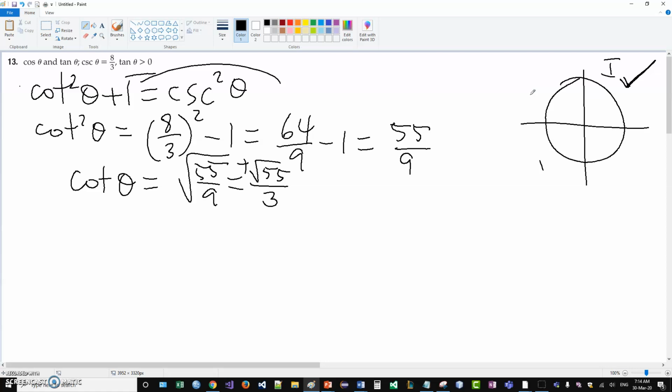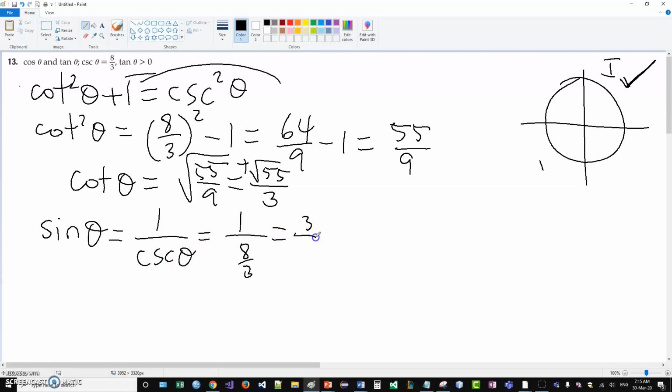Alright? And again, since we have the cosecant, sine theta equals 1 over cosecant theta, which is 1 over 8 over 3 equals 3 over 8. So now we have the sine and we have the cotangent.